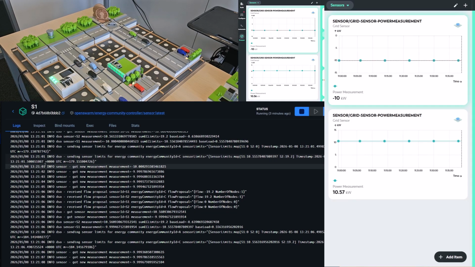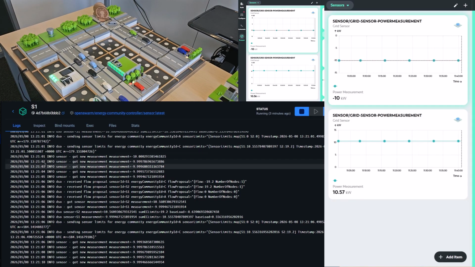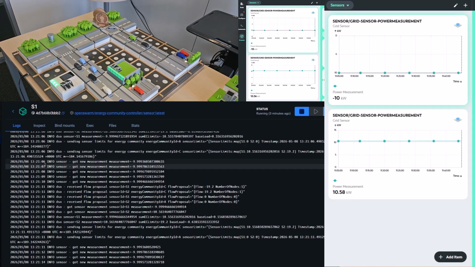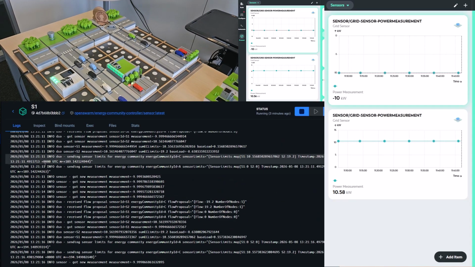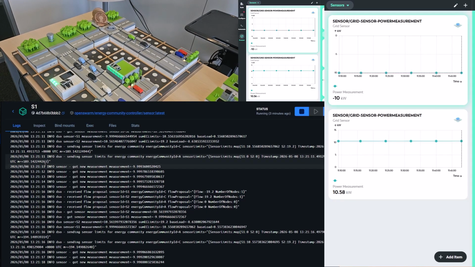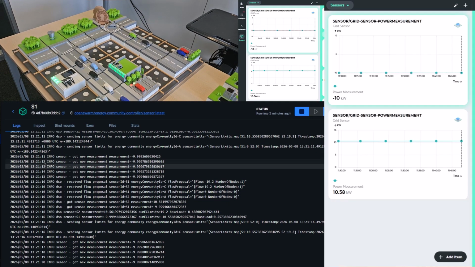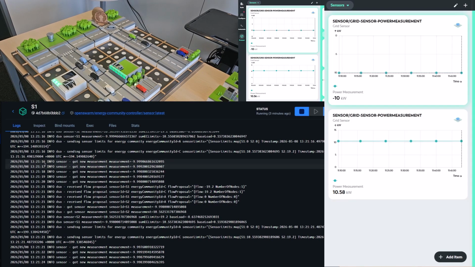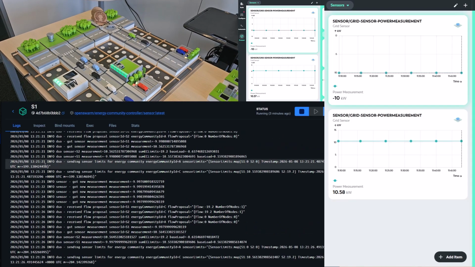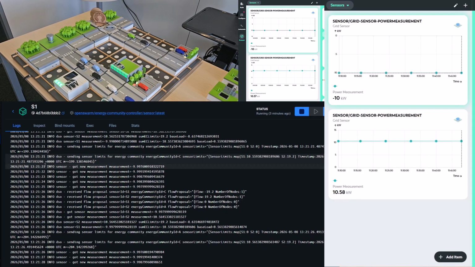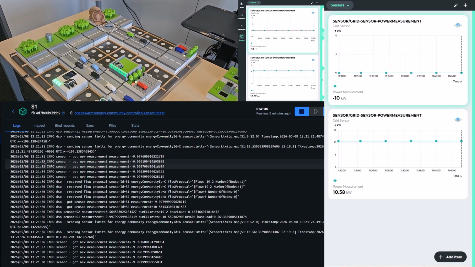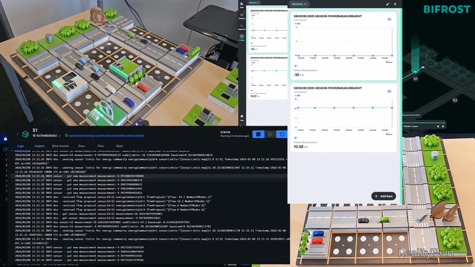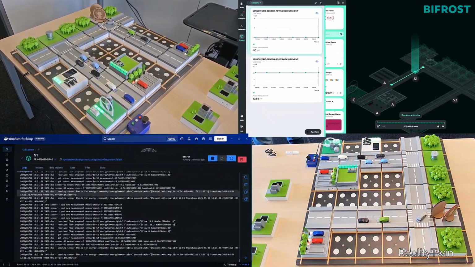If this is the case, this information is fed back to the energy communities so they can adjust their operation. In our case, sensor 1 ensures that not more than 10 kilowatts are transported over its cable. This is done completely without any external configuration.